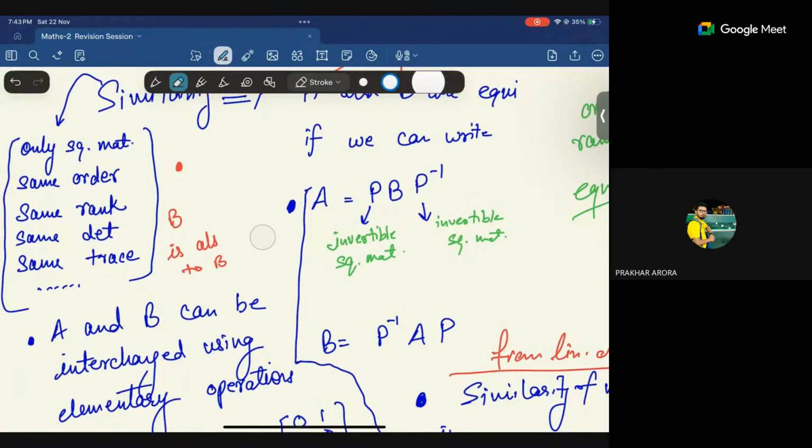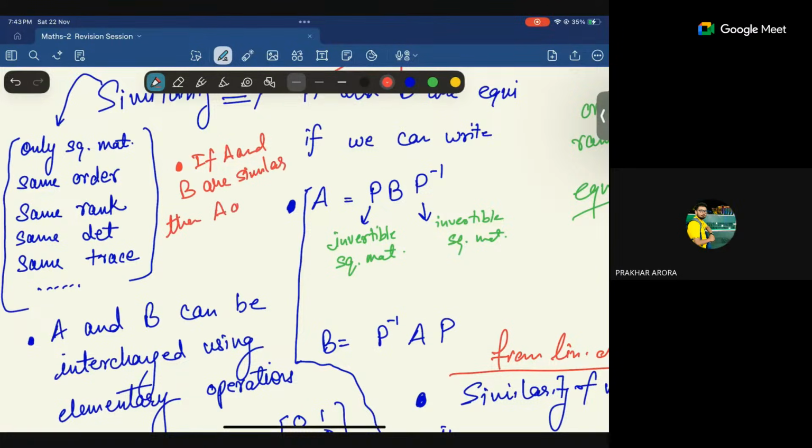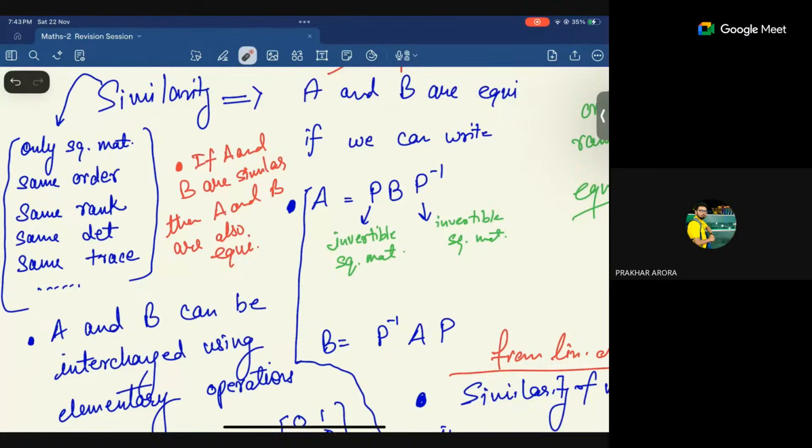This is the same thing, but I'm not writing it in the right way. If A and B are similar, then A and B are also equivalent. This is the right thing which I wanted to say. How can I say?